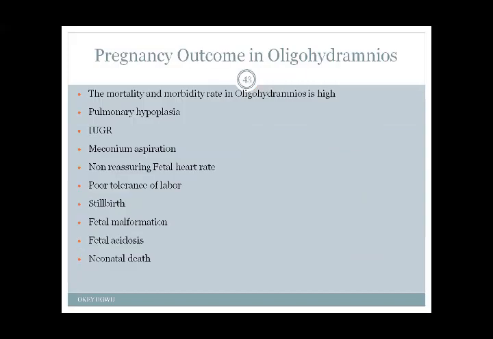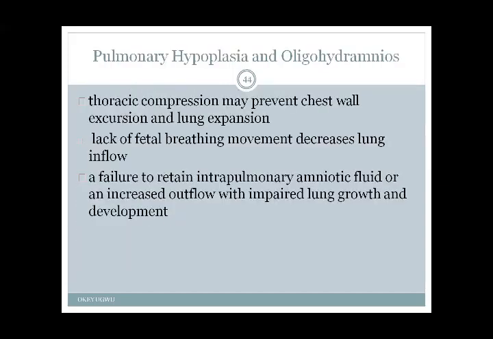So the pregnancy outcome in oligohydramnios with these complications can include stillbirth, fetal malformation, fetal acidosis, and neonatal deaths. Pulmonary hypoplasia and oligohydramnios can be important implications.